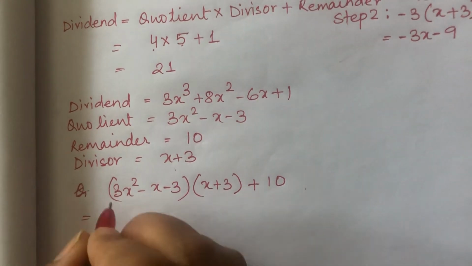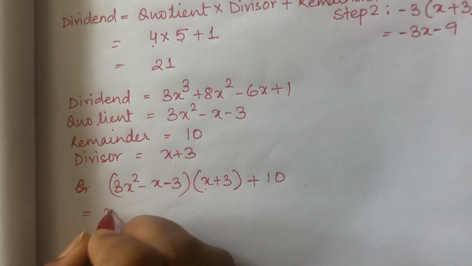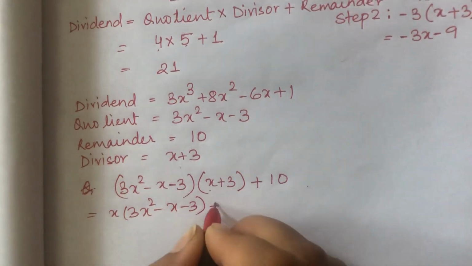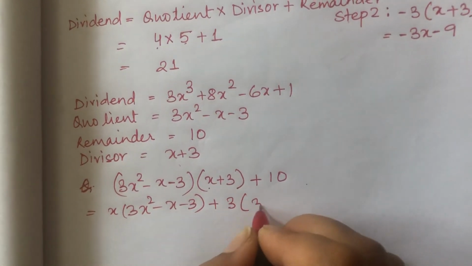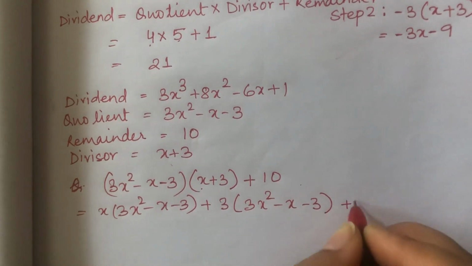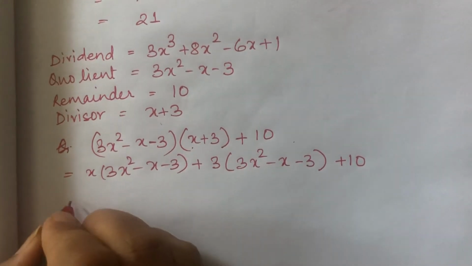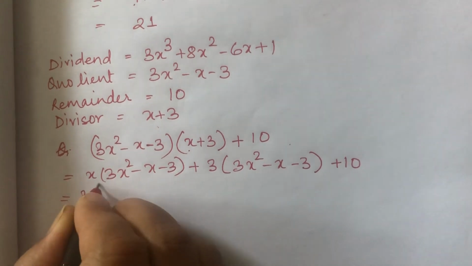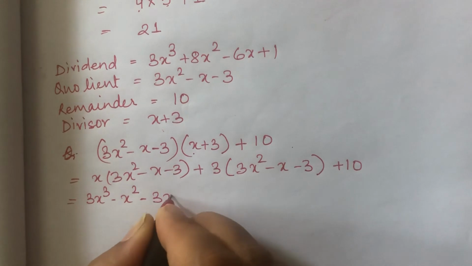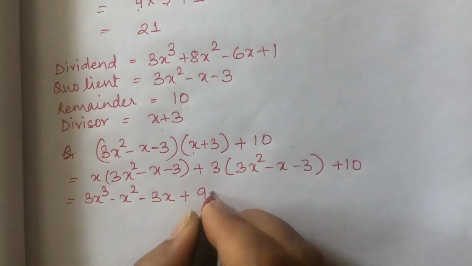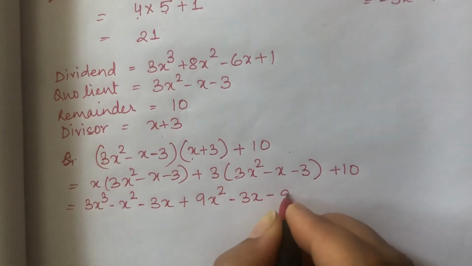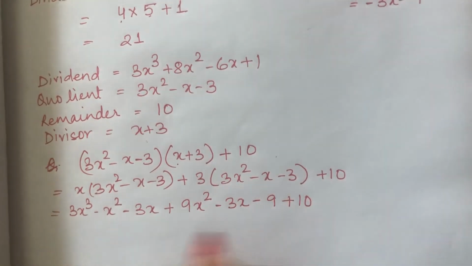So let's multiply this. x gets multiplied by the whole thing, plus 3 gets multiplied by the whole thing, and then I add the remainder. So this will become 3x cubed minus x squared minus 3x plus 9x squared minus 3x minus 9 plus 10.